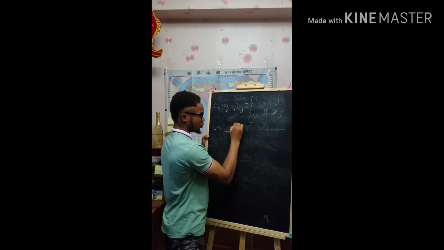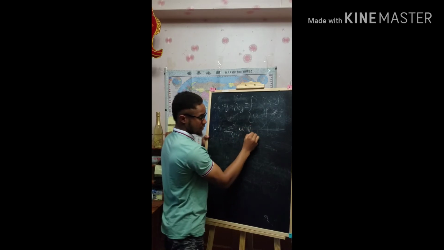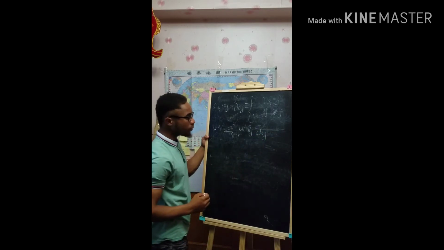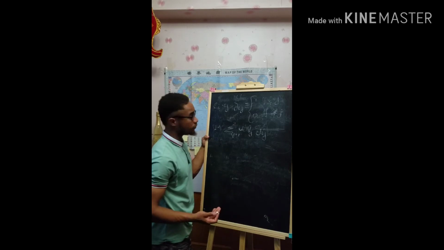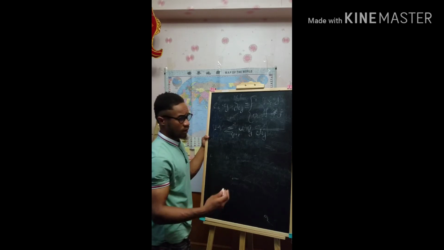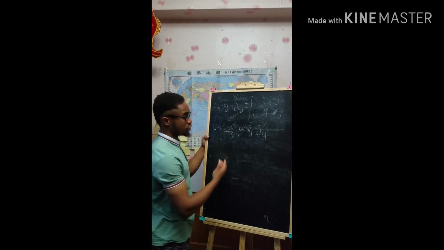Let us take 2. Ui Vj Kronecker delta ij. What does it mean and how to use it? Let us take one example to help you understand very well how to use this equation.